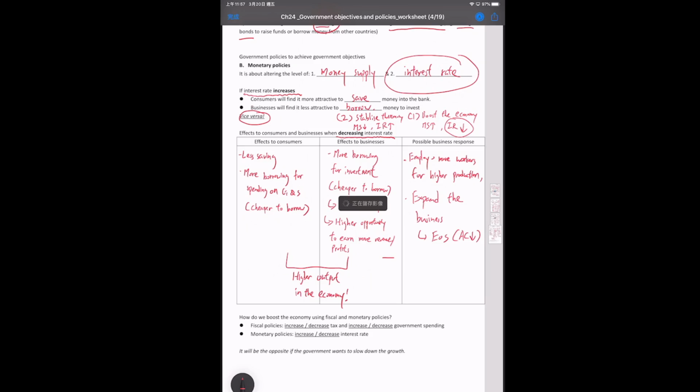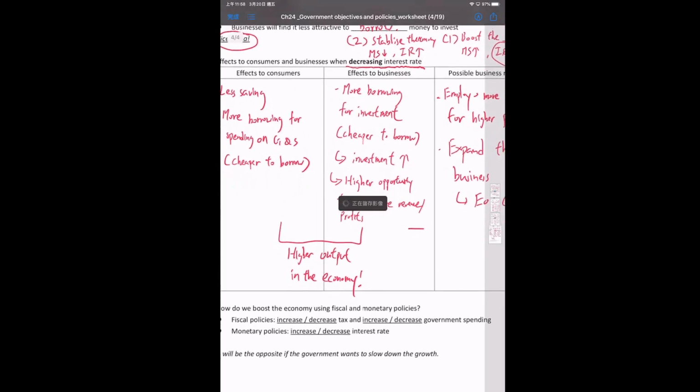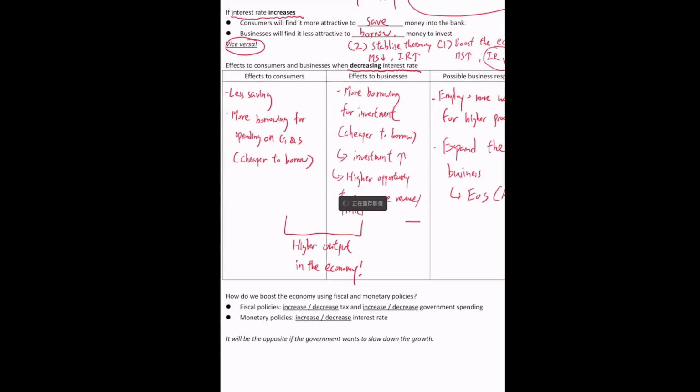At the end, take a look at the very last part at the bottom. As a recap, how do we boost the economy using fiscal policies or monetary policies? For fiscal policies, if we are trying to boost the economy, should we increase the tax or decrease the tax?